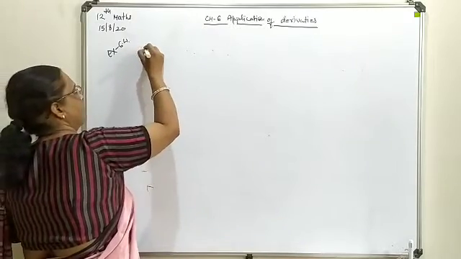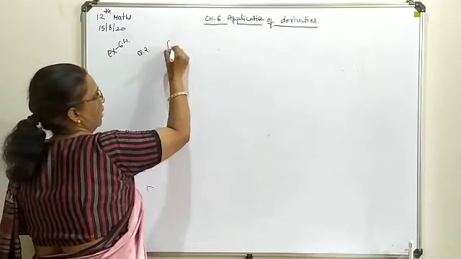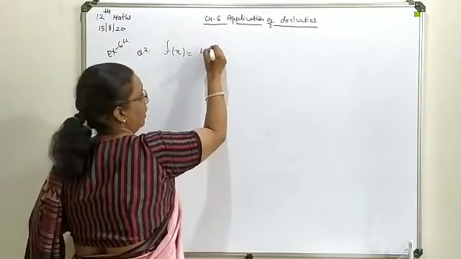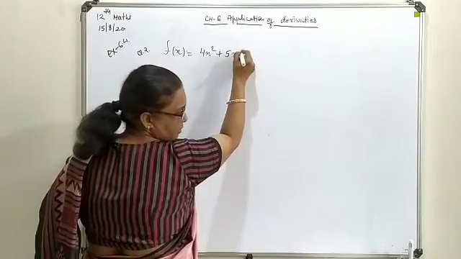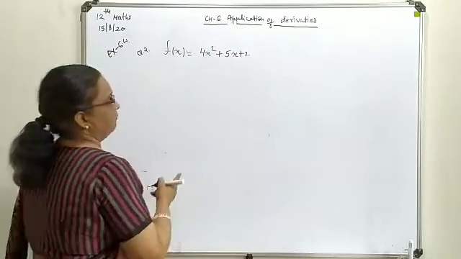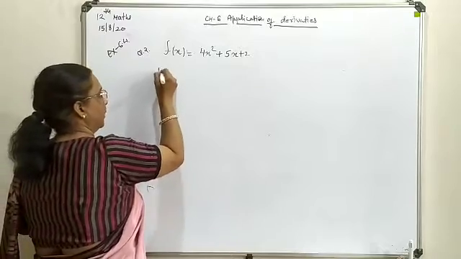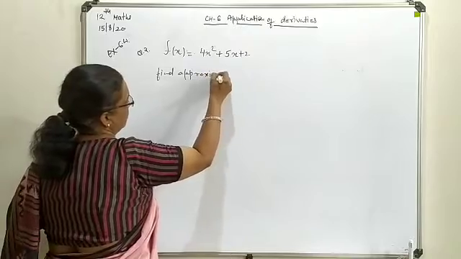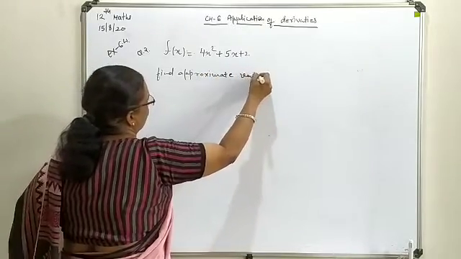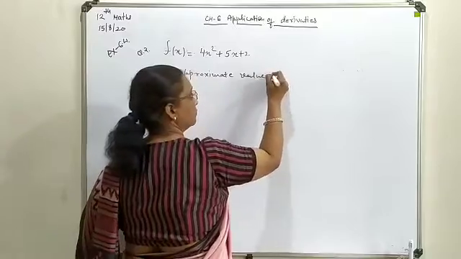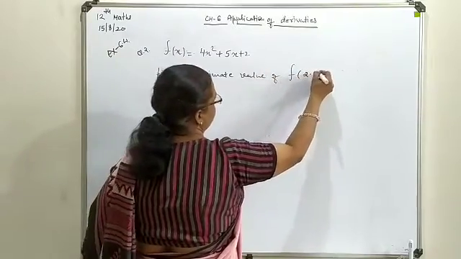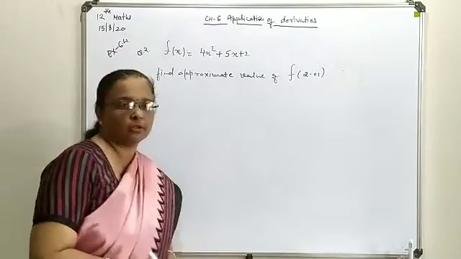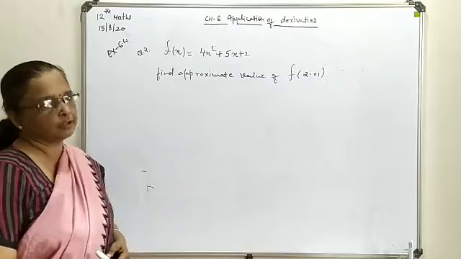Let's refer to question number 2, in which f(x) is 4x square plus 5x plus 2, and we have to find the approximate value of f(2.01). First of all, we have to separate x and delta x on the basis of the function value.